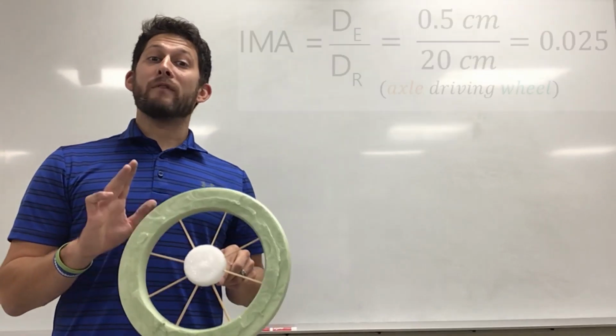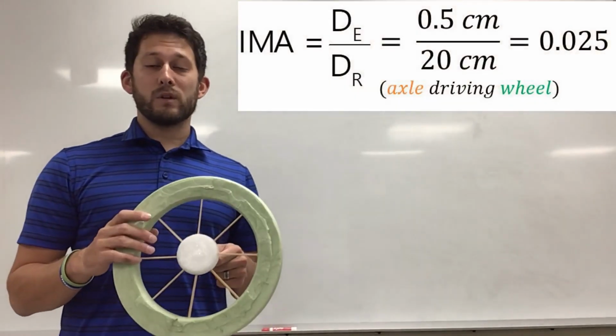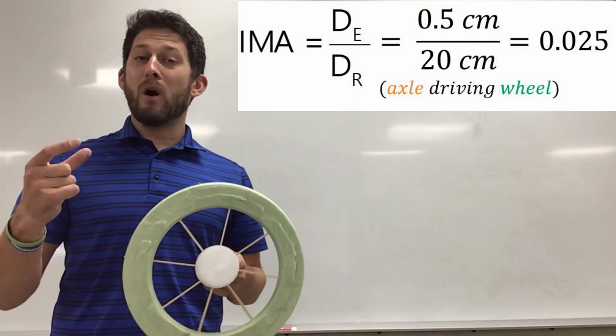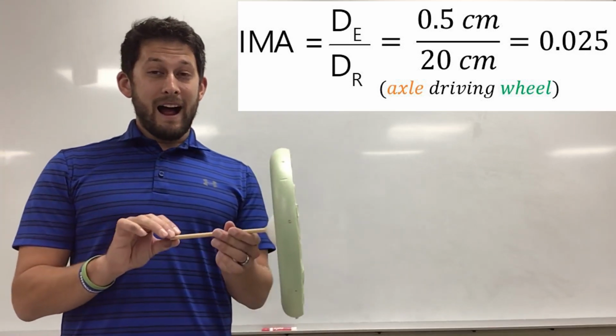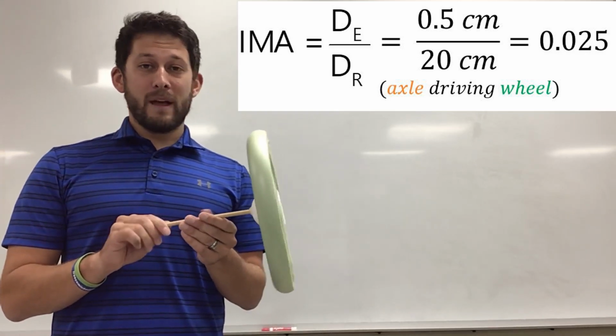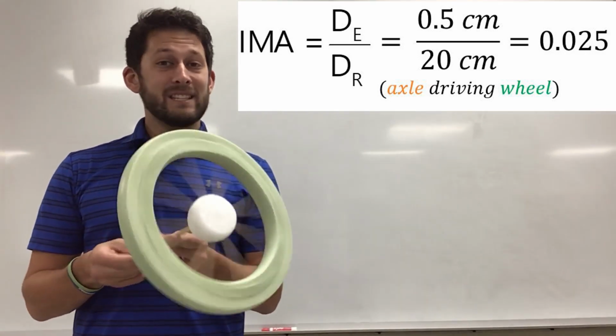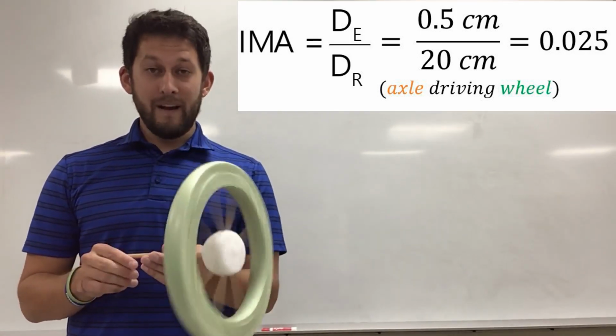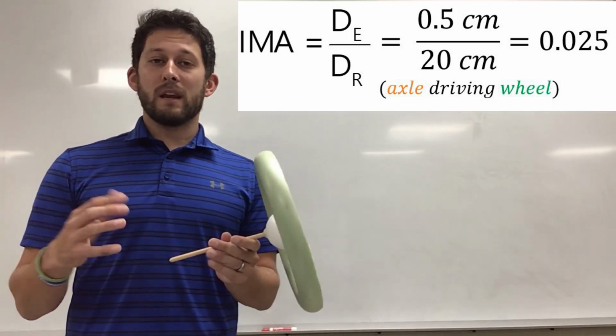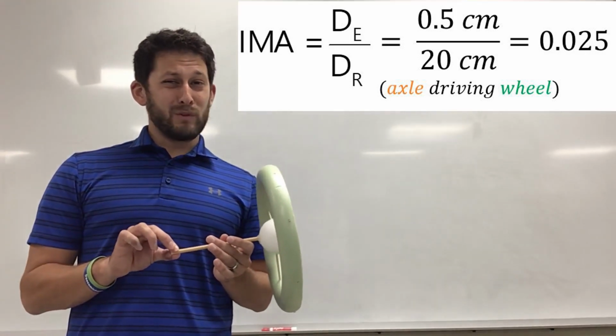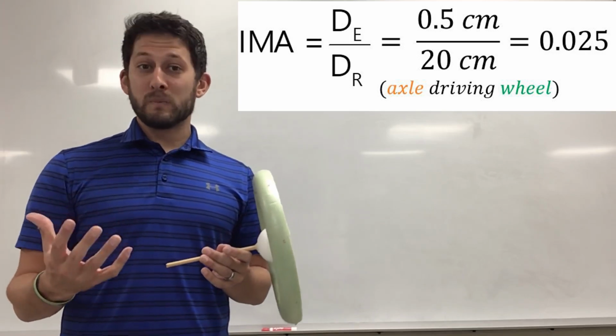When we divide that out, we find our IMA is 0.025, which is really, really small, which means I need to apply a lot of force to overcome that resistance. But notice how just a few little twirls, that distance is huge. That speed is really, really fast. So there may be situations when, even though the force isn't being multiplied, your distance or your speed is.